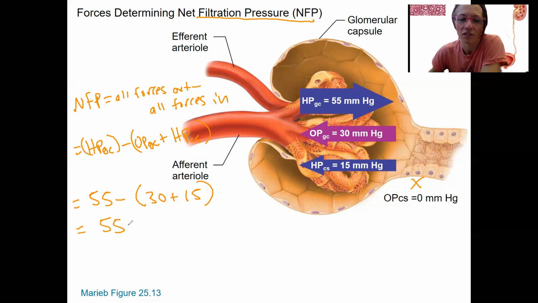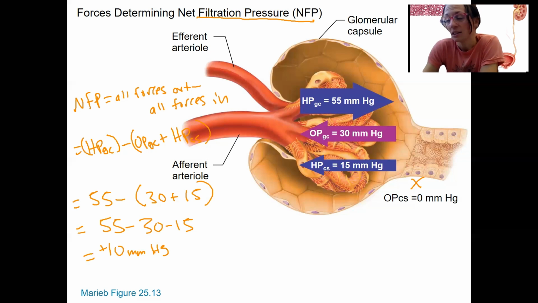You can do 55 minus 30 minus 15. Same thing, right? Either way, it is 10 millimeters of mercury. What is that? That's the force out. That's our net filtration pressure. It is positive 10 millimeters of mercury. That is a small pressure, but high enough to allow for glomerular filtration.